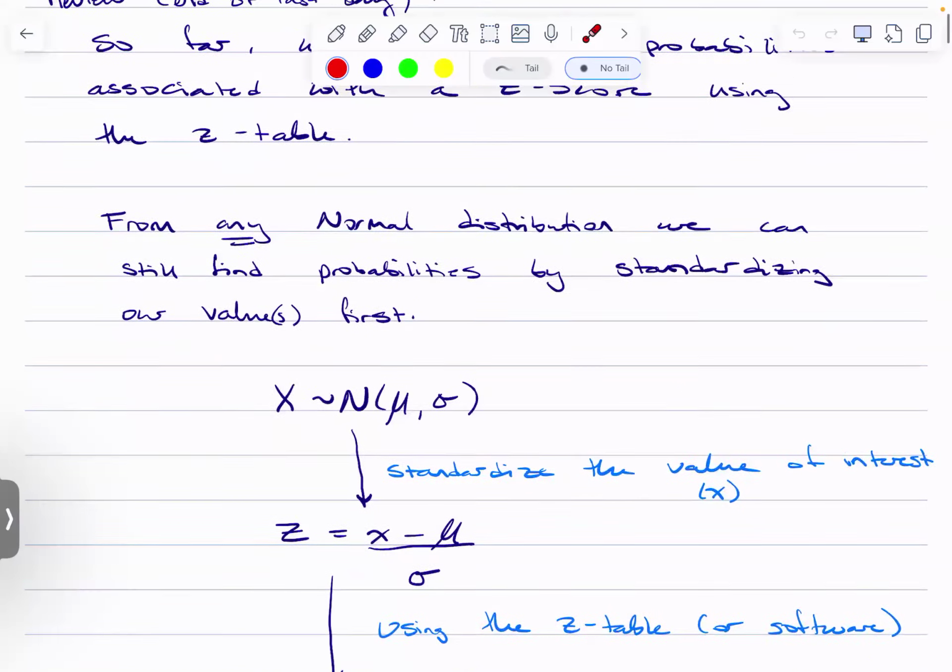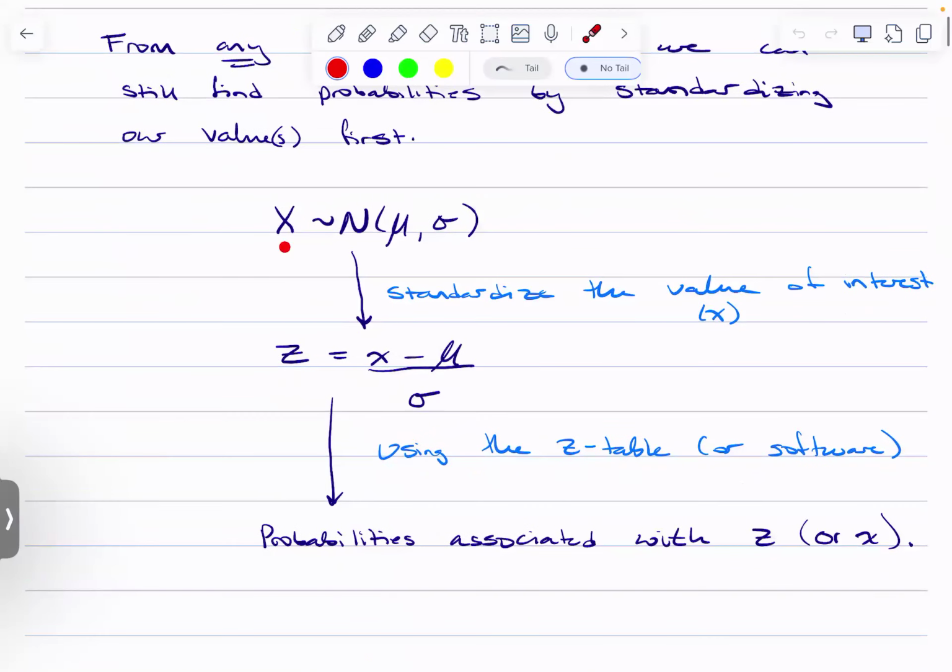So we have this chain situation where I have some observation X from a normal distribution with a mean mu and a standard deviation sigma. We're going to standardize that value. That value is going to become a lower case x because it came from a distribution of capital X. That doesn't matter, but just to explain the different notations. And then we calculate Z.